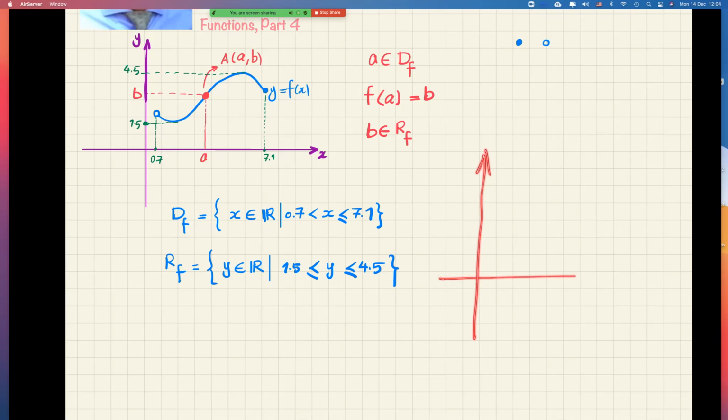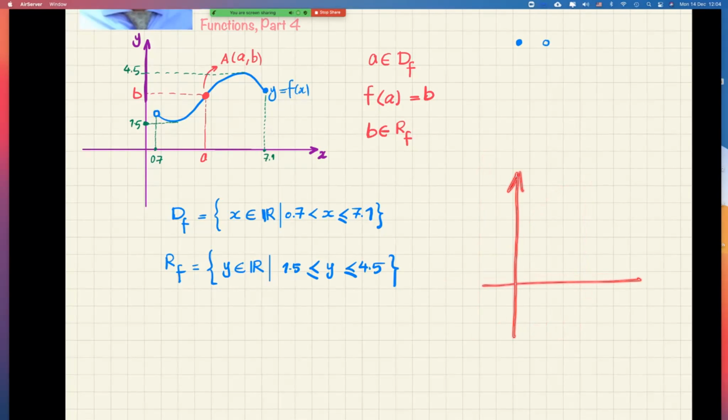So if I have this situation, the graph starts from here with the filled circle and goes here to a hollow one.